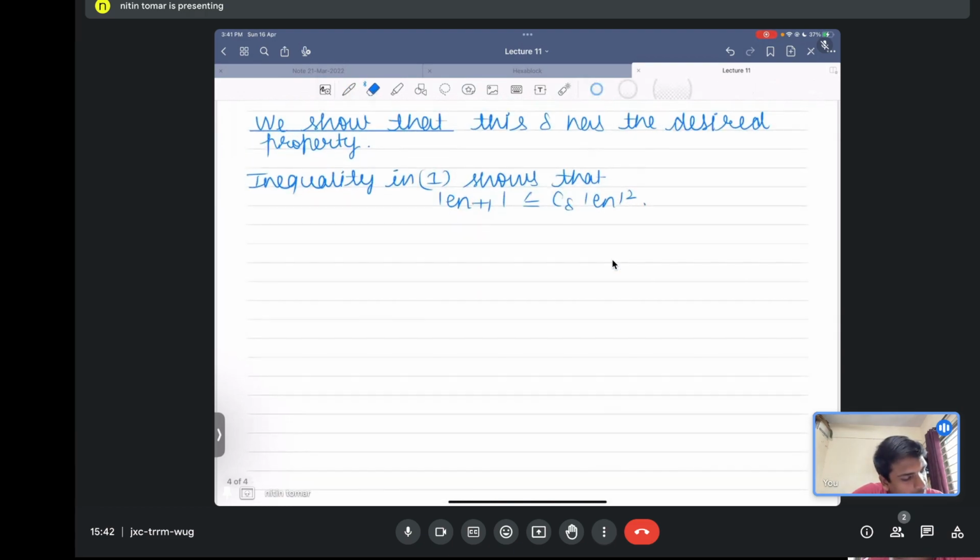Now with this we prove 1 and 2. So proof of 1 and 2.